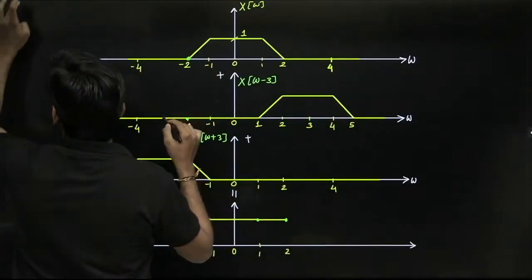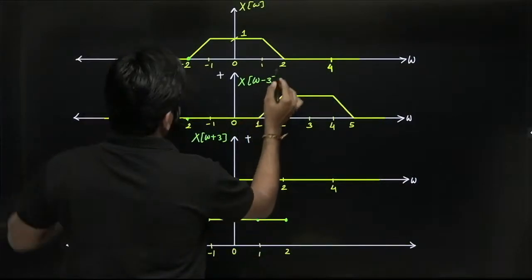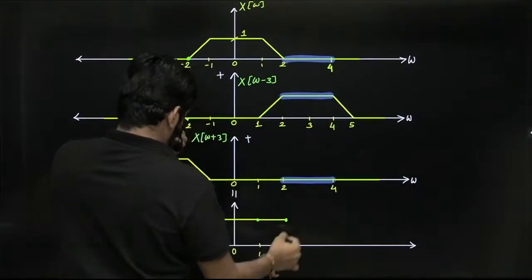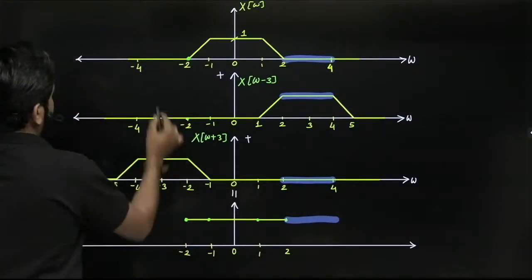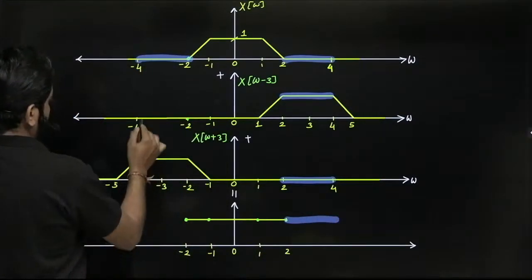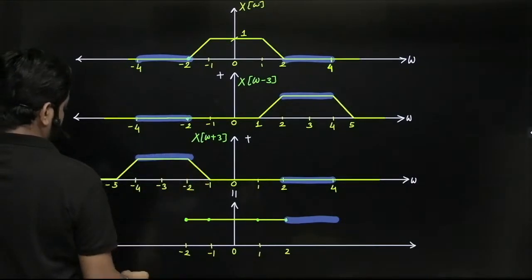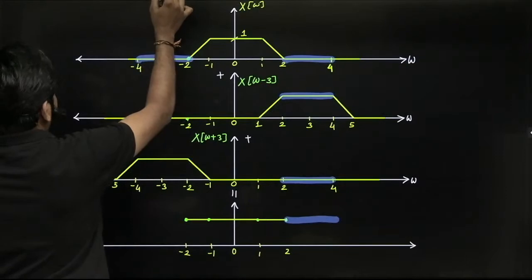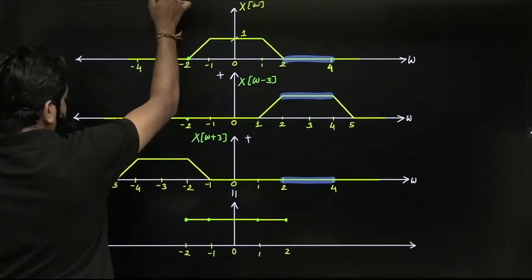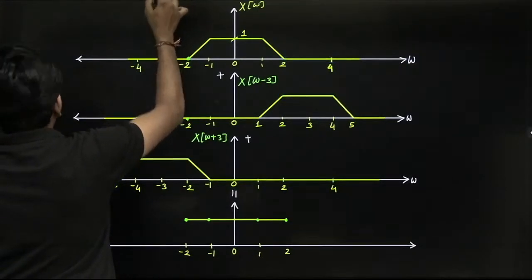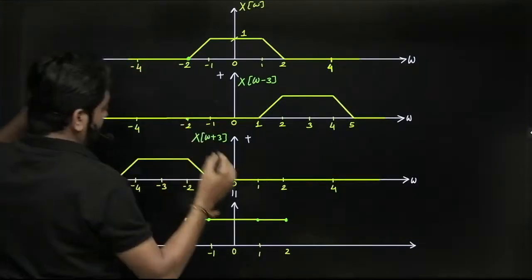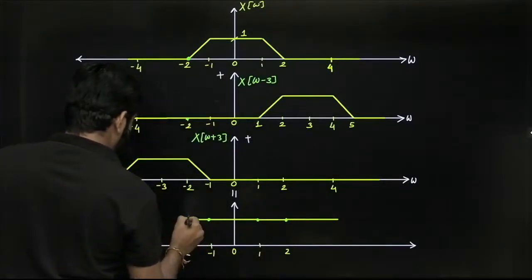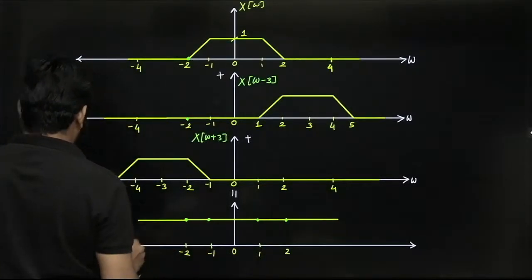Now here this is 0 plus 1 and this is 0, so again you will get 1. Here also this is 0 between -2 and -4, and this is 1, so the addition will be 1. So again you are getting 1 from 2 to 4 and 1 from -2 to -4.